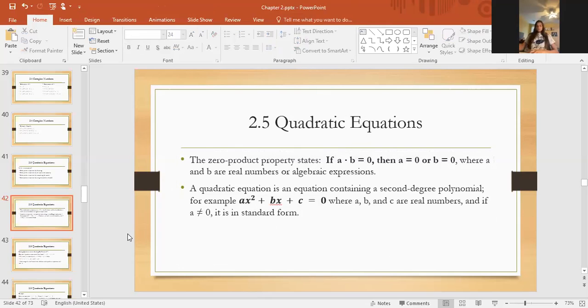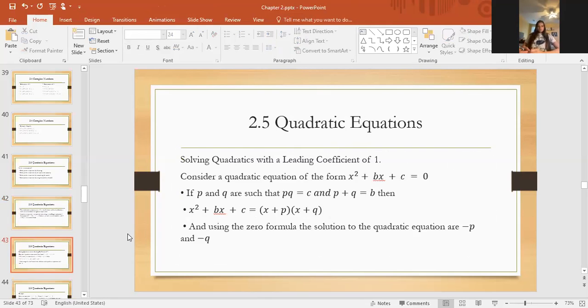We are going to look at several methods of solving this equation. We will first consider the simple type of equation when a equals 1. When a equals 1, we will have x squared plus bx plus c equals 0. So we first observe if we can find two values p and q so that the product is c and the sum is b.